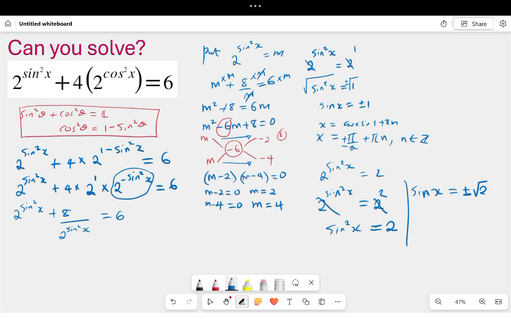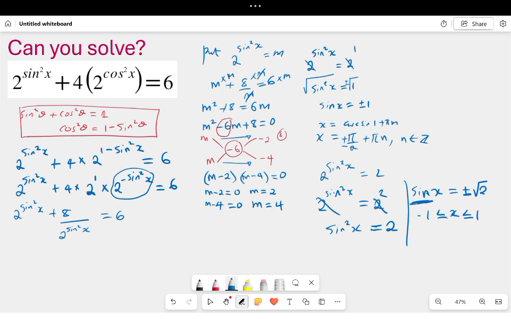But this is not possible because the square root of 2 is 1.41, and the range for sine x should be between negative 1 and 1.